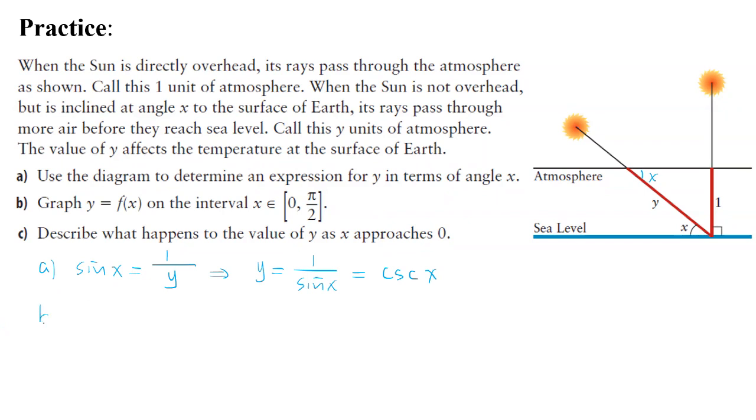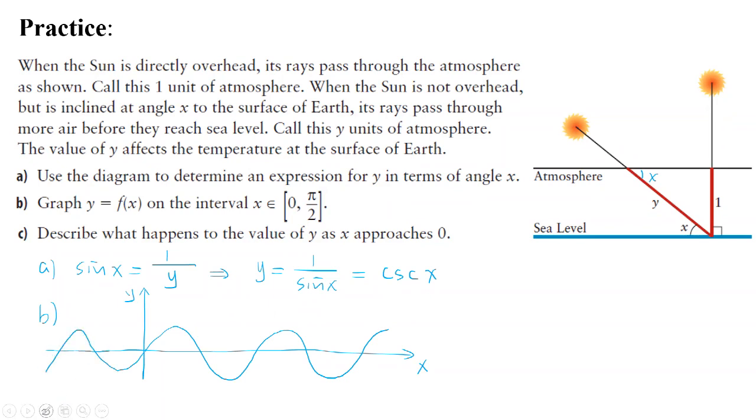Okay, next let's sketch the graph of cosecant x on the interval 0 to half pi. In order to draw the sketch of cosecant x, usually we'll consider the sine x first. So the sine x has a pattern like this, right? And with the help of sine x, we know that cosecant x has a pattern like this, right?